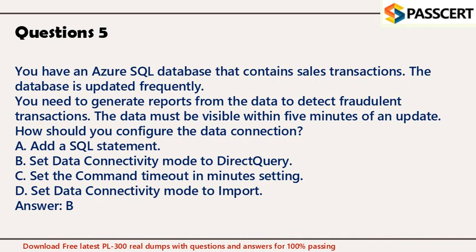A. Add a SQL statement. B. Set data connectivity mode to direct query. C. Set the command timeout in minutes setting. D. Set data connectivity mode to import. Answer: B.